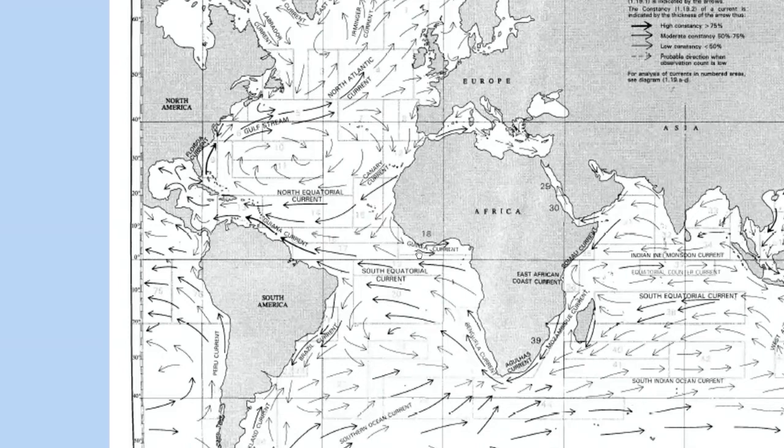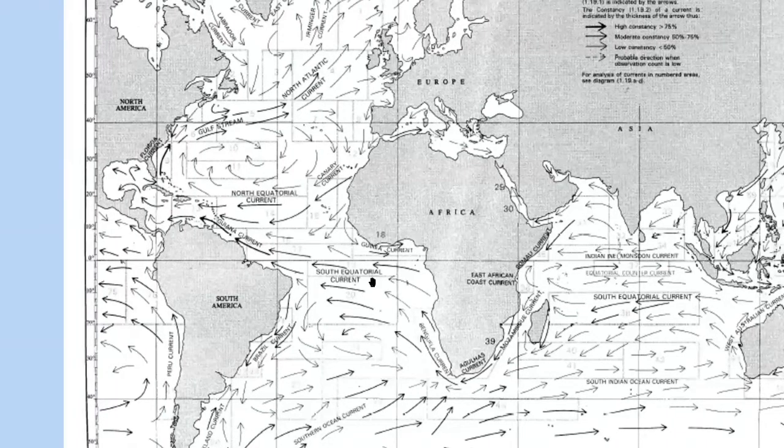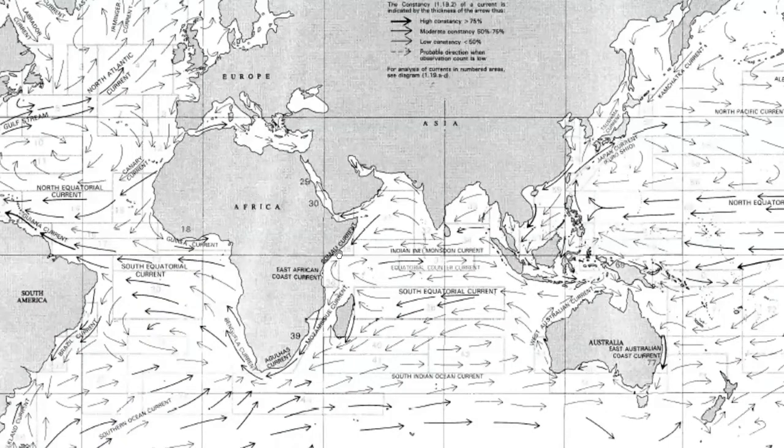Okay, we have also the Guinea current here in the Gulf of Guinea in Africa. And this is a dangerous sea area today because of the Nigerian pirates. Okay, we have also the Somali current, also a dangerous area because of the Somali pirates.